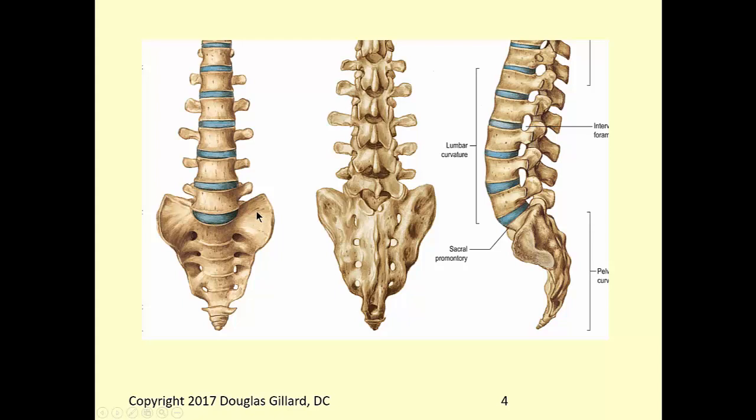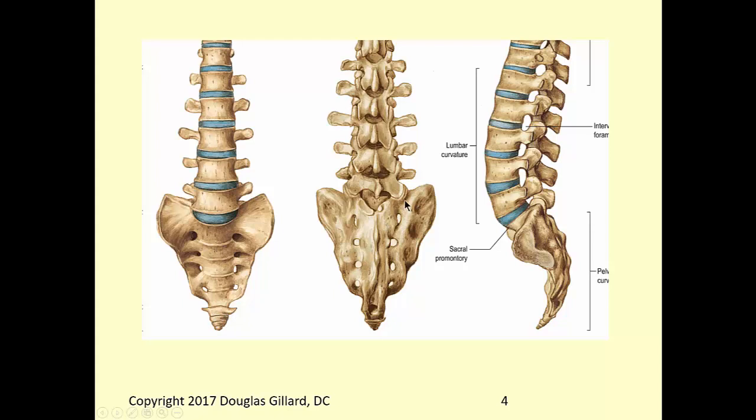How about this? Lateral mass of the S1 segment, better known as the ala of the sacrum, this hole. Anterior sacral foramen, very important. Your anterior rami come out of your S1 anterior foramen. Transverse lines, coccyx.